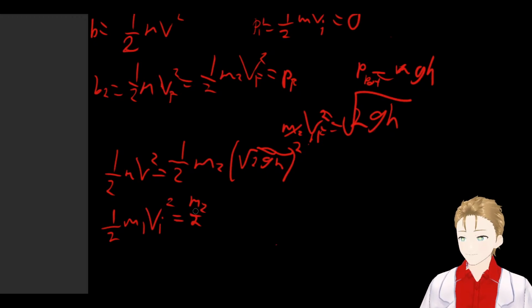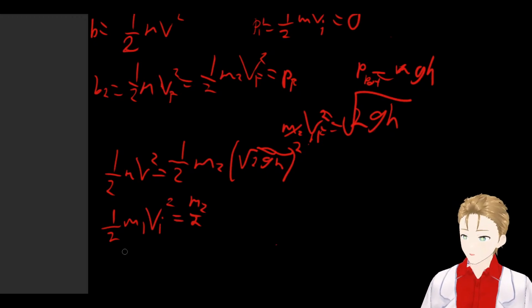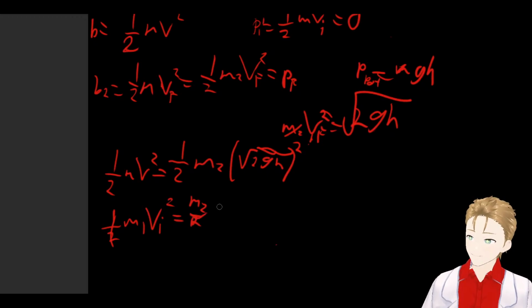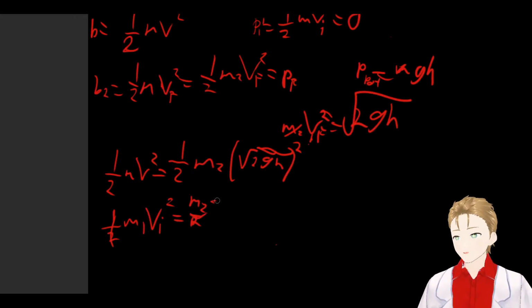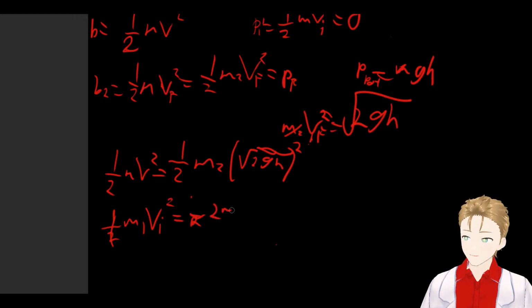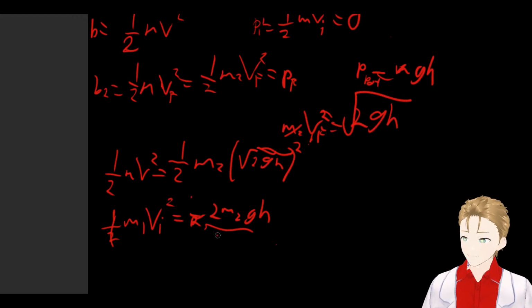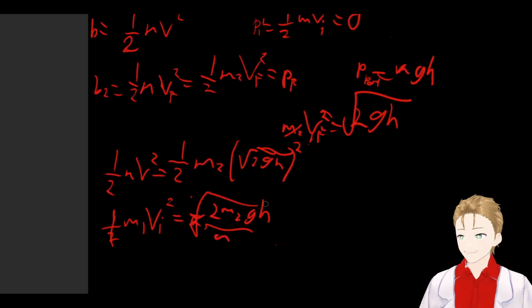Whatever. Technically, that will always cancel. So we'll be left with 2m2gh, and we come back full circle once again.